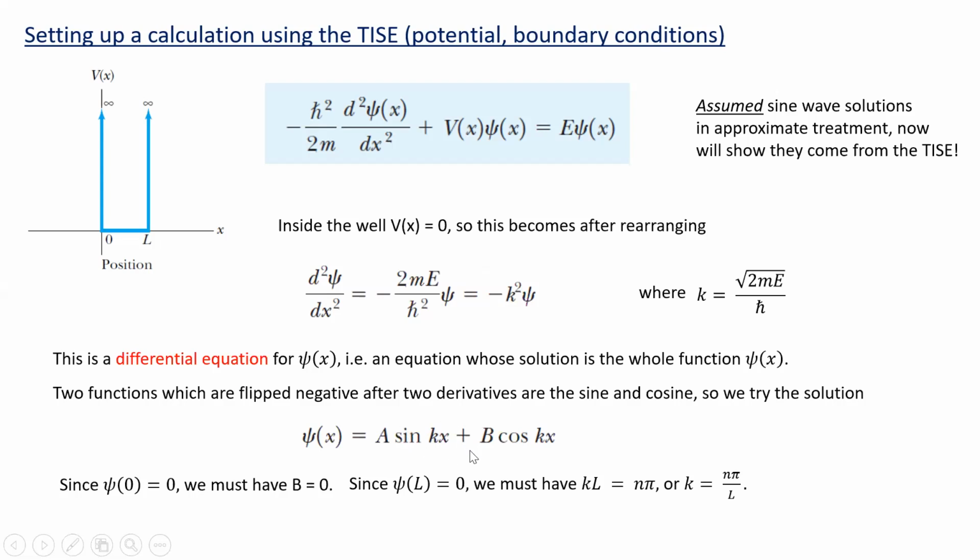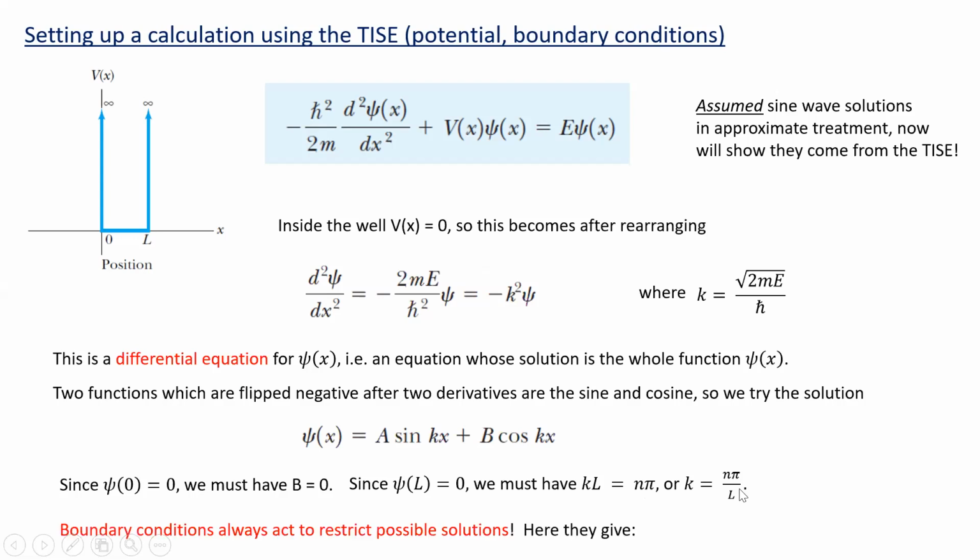And for that to go to 0, k times L must be a multiple of pi, n times pi, because sine of 0 is 0, sine of pi is 0, sine of 2 pi is 0, sine of 3 pi is 0, etc. So this second boundary condition, psi of L equal to 0 at the right-hand side, tells us that kL is equal to n pi, or equivalently k is equal to n pi over L.